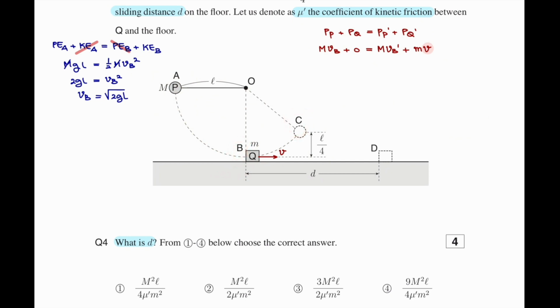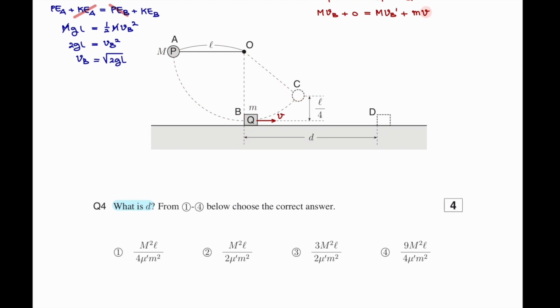So potential energy at point B plus kinetic energy at point B is equal to potential energy at C plus kinetic energy at point C. Remember that this equation is used after collision.